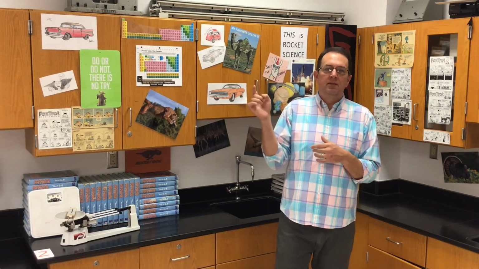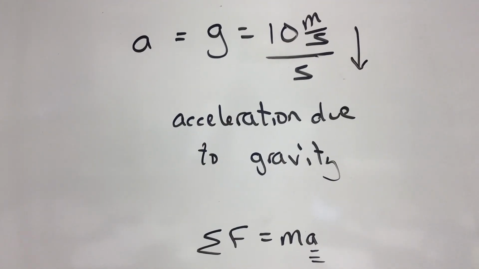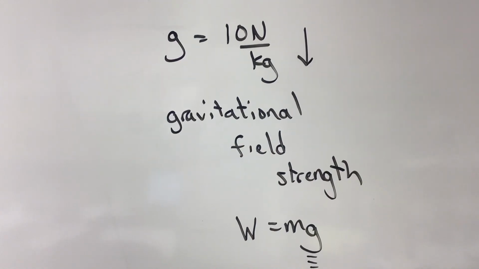And there are going to be two G's here, the little g, not the big G. The little g is the acceleration of gravity, rounded off to 10, because it makes problems easier. 10 meters per second every second. That's not the same as the other G, which is the gravitational field strength in W equals mg. In W equals mg, G is 10 newtons of weight down for every kilogram of mass.